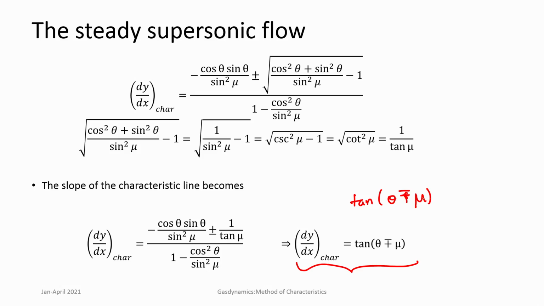One set of characteristics, the C minus characteristics, is tan of theta minus nu. The other set, which is known as C plus characteristics, is tan of theta plus nu.